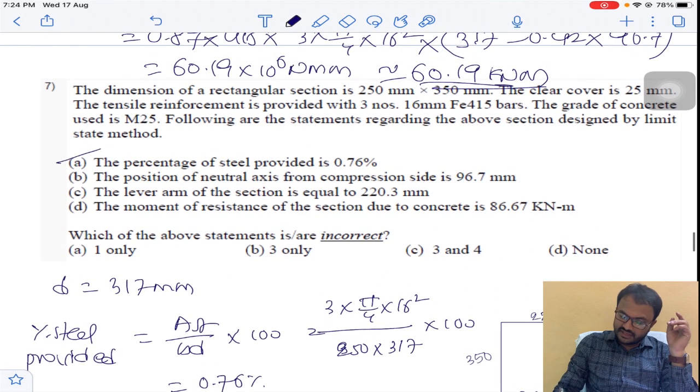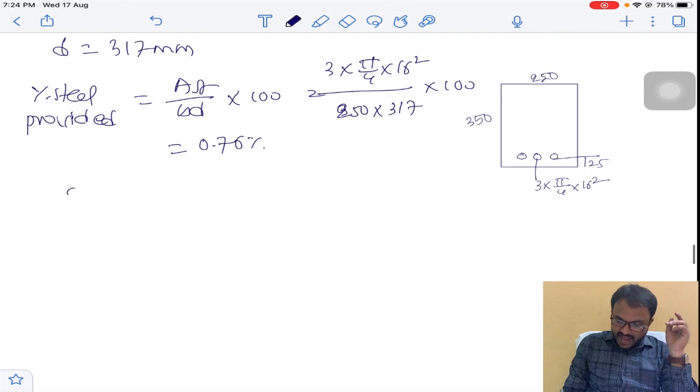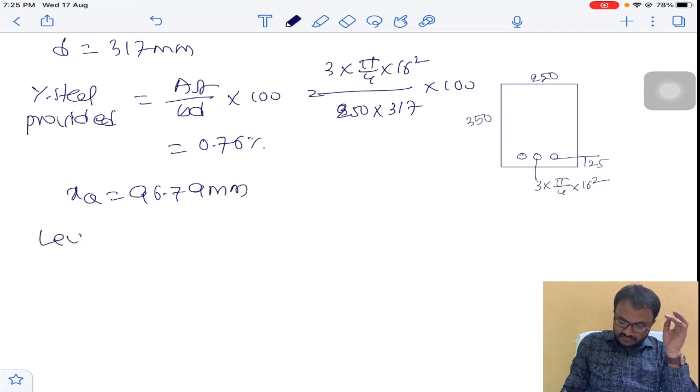Okay, so statement A is correct. And actual depth of neutral axis, earlier problem we calculated it already, 96.79 mm. And lever arm is equal to d minus 0.42 XU.